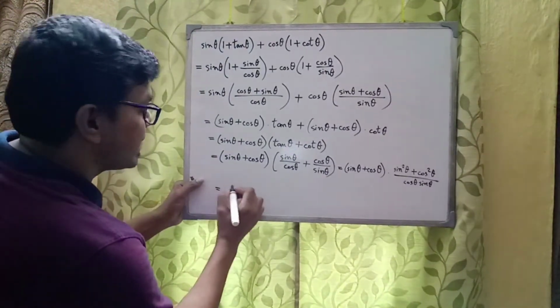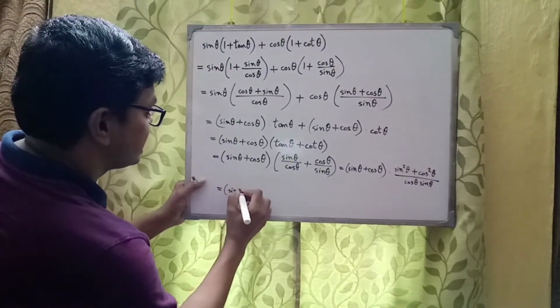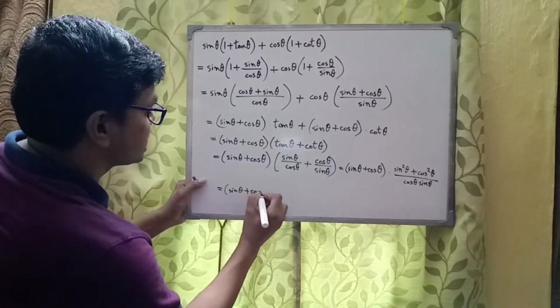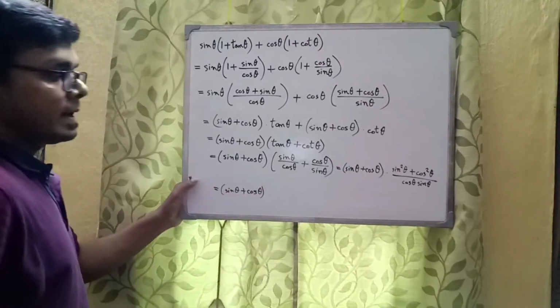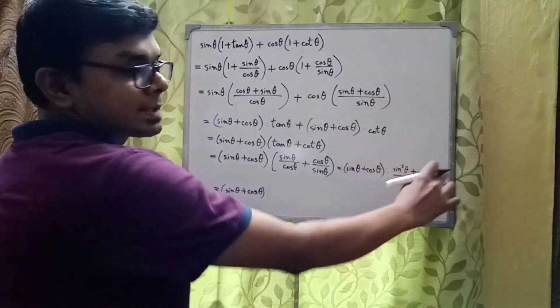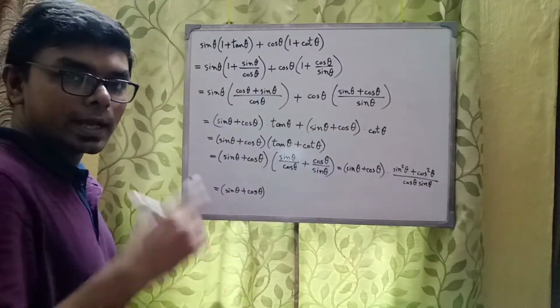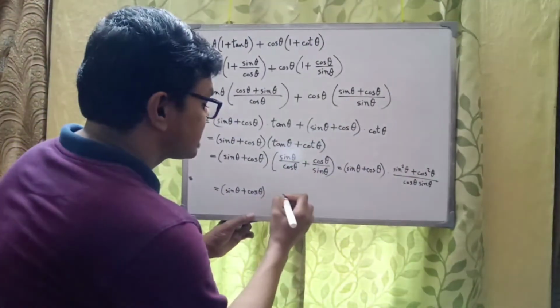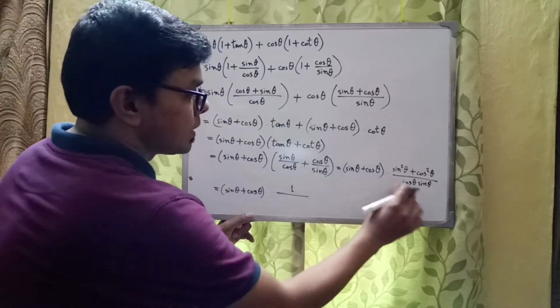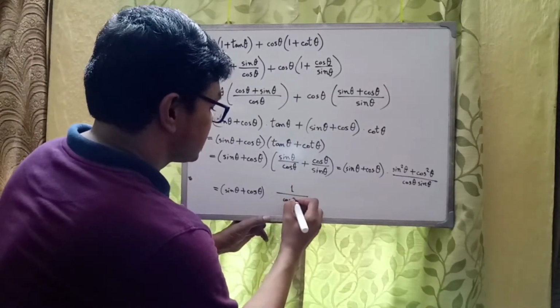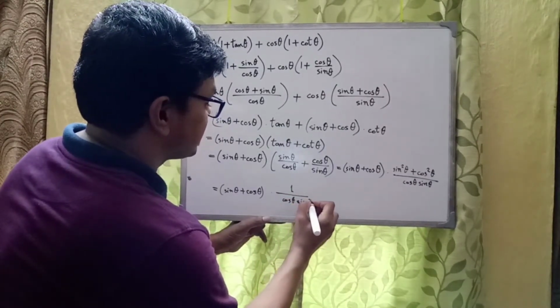So let's continue with that. We have sine theta plus cos theta, and this numerator sine squared theta plus cos squared theta, again a known trigonometric identity, is 1, and the denominator is cos theta sine theta.